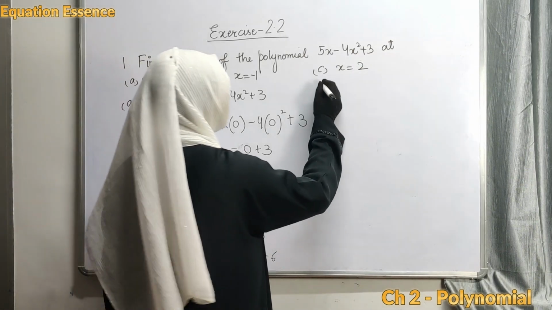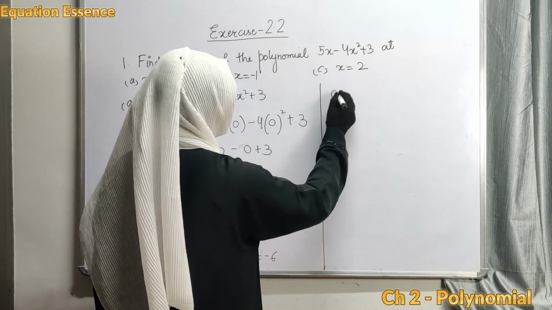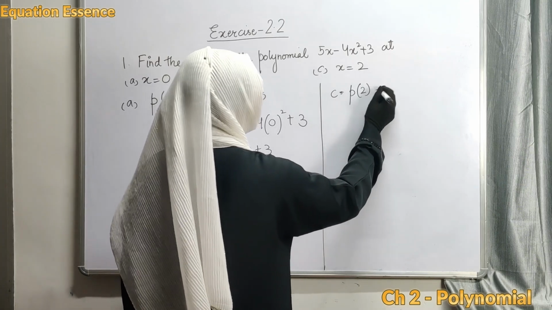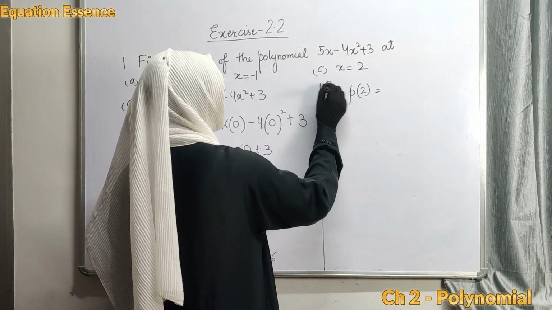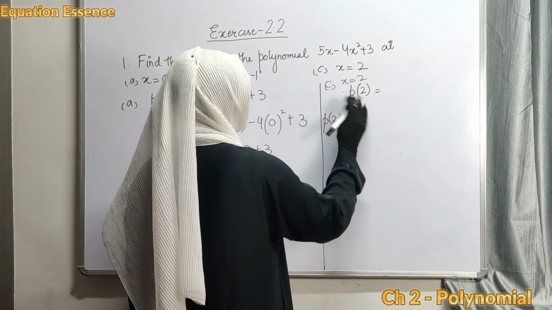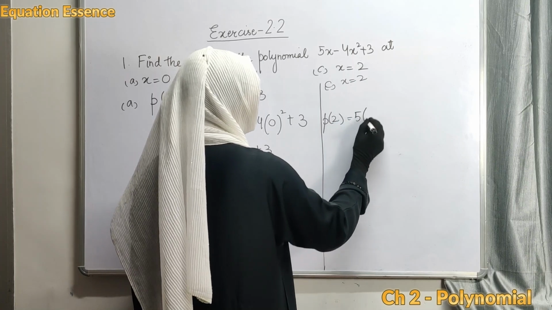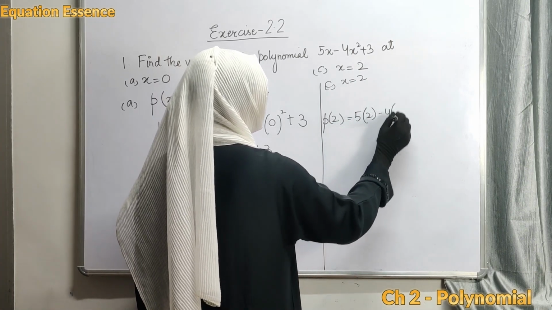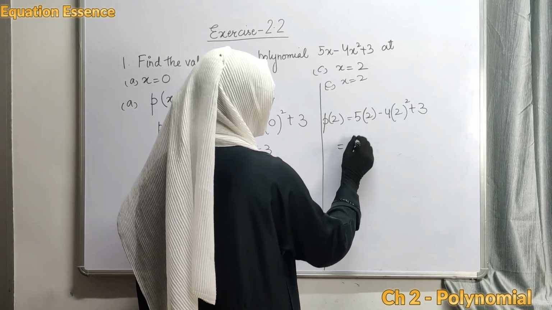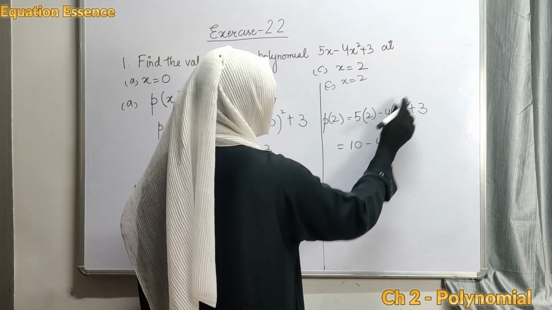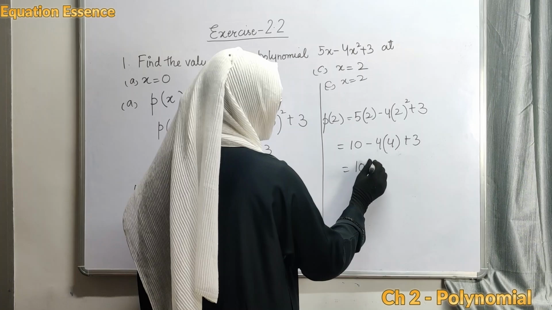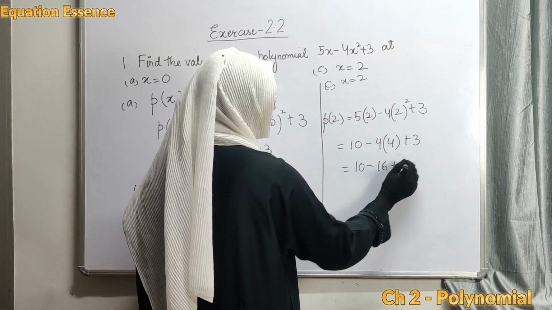Come to the C part. P(2). 5 multiplied by 2 minus 4 times 2 whole square plus 3. 5 2s are 10 minus 4 times 2 2s are 4 plus 3. 10 minus 4 4s is 16 plus 3.